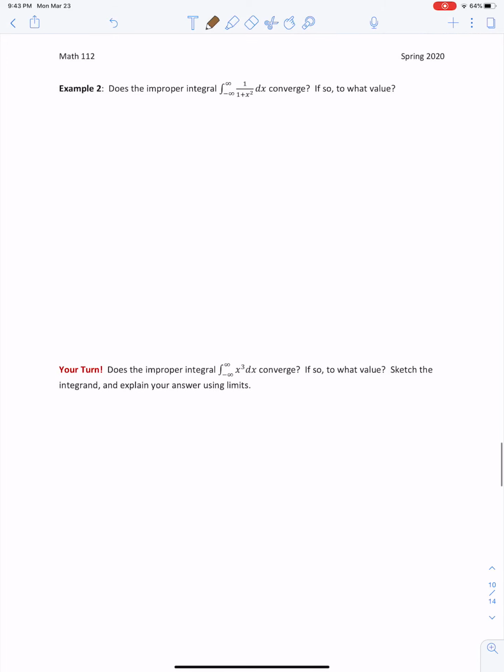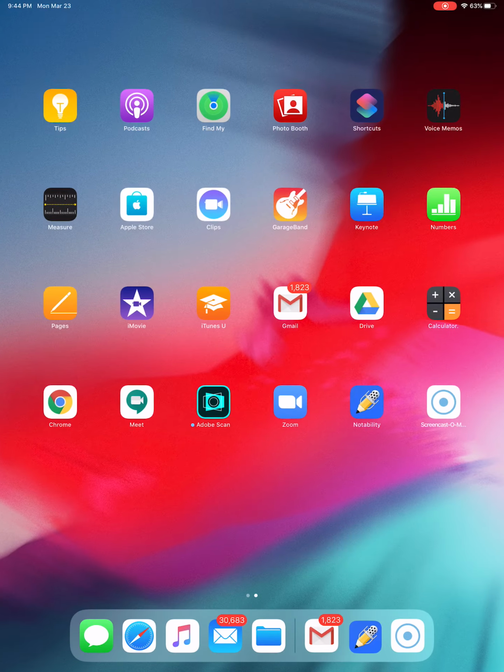Okay, let's do an example. We'll look at the function 1 over x squared and think about what's happening with that function. The first thing that's always helpful is to make a graph of the function and see what's happening.